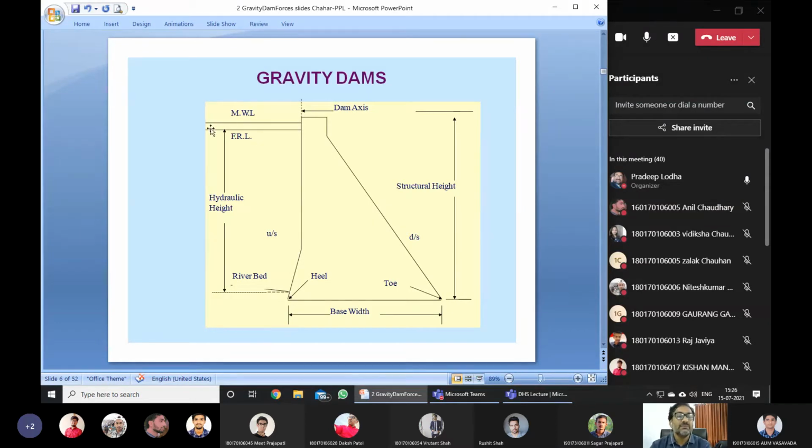So I was explaining that this is the hydraulic height that we measure. This hydraulic height is lesser than the structural height. Structural height is mentioned here on the downstream side, if you could see my arrow.